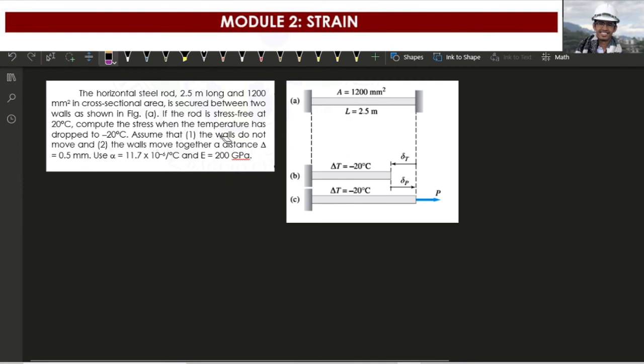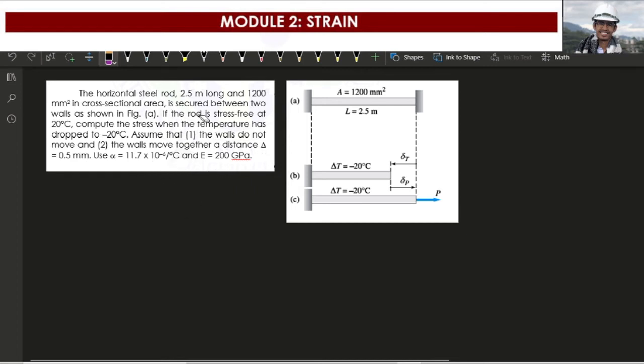So assume that number 1, the walls do not move. And second, the walls move together a distance delta is equal to 0.5 mm. So use alpha is equal to 11.7 times 10 raised to negative 6 per degree Celsius, and E is equal to 200 GPa.